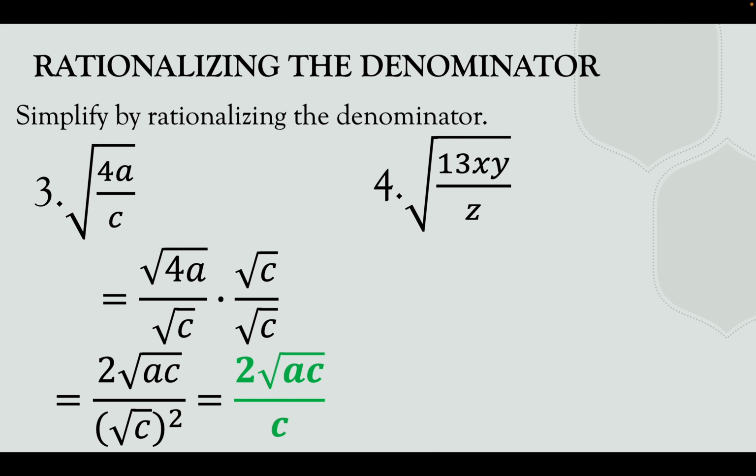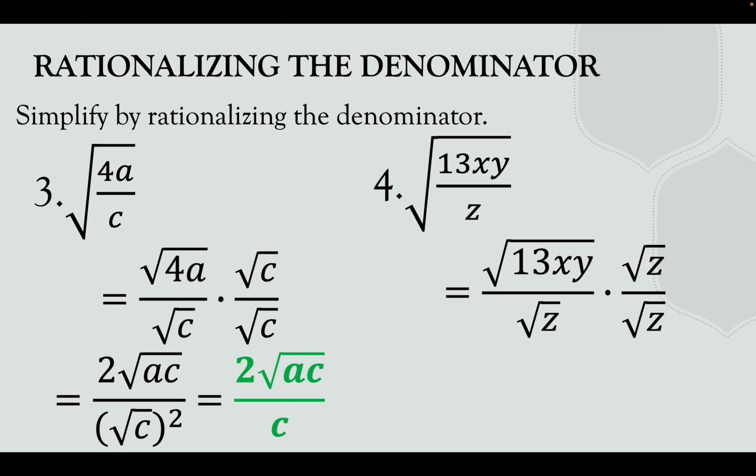Example number 4, we have square root of 13xy over z. So we can write this one into square root of 13xy over square root of z. Since our denominator is a radical, we will use rationalization. Multiply both sides by square root of z. So we have square root of 13xy over square root of z times square root of z over square root of z.